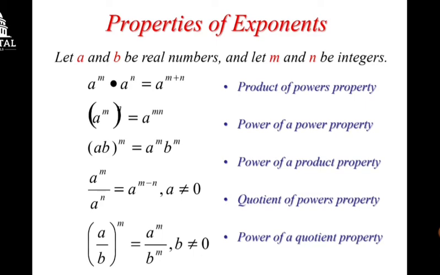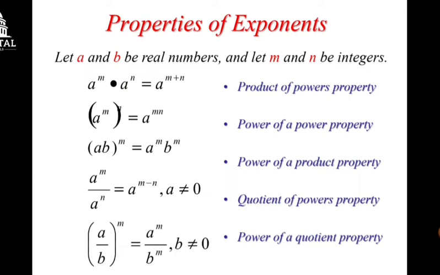If we have power of power, it will be the multiplication of the two powers, so a to the power of m, to the power of n, will be a to the power of mn. If we have brackets with ab inside raised to the power of m, it will distribute the power to a and b, it will be equal to a to the power of m times b to the power of m.